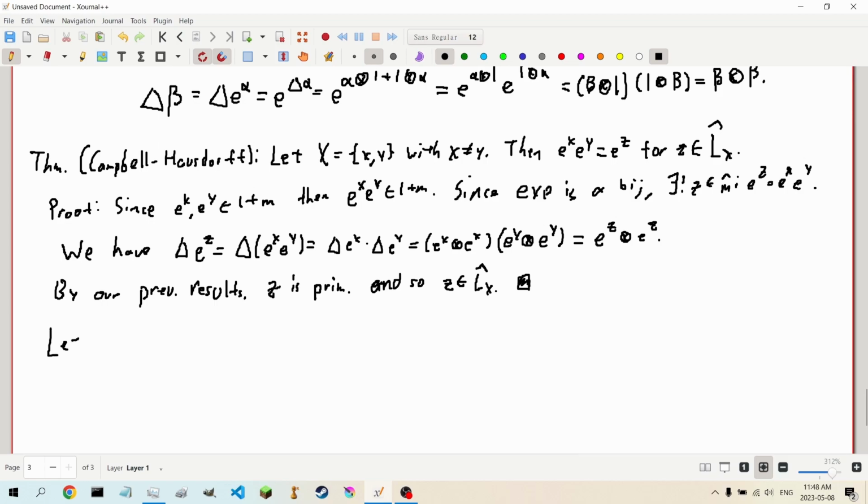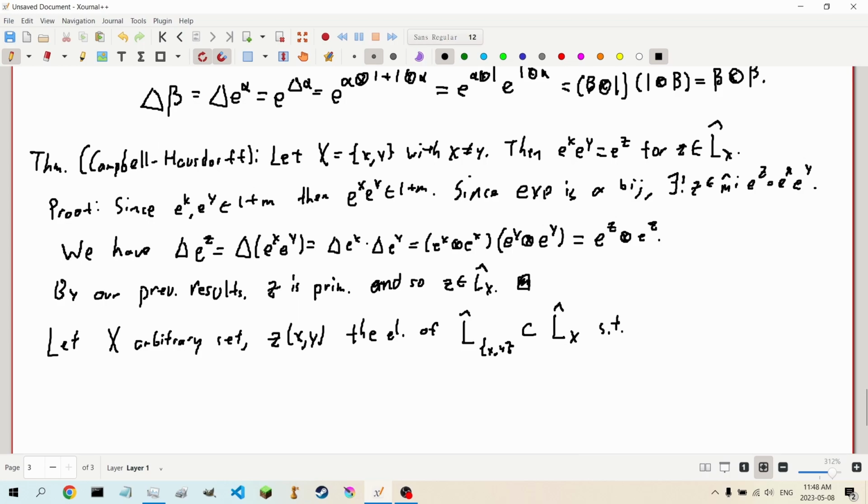So now we're going to let X be an arbitrary set, and z of the commutator of x and y be the element of the free Lie algebra of the elements x and y, which is inside of the completion of the free Lie algebra of x, such that e to the x, e to the y equals e to the z of the commutator of x and y for all x and y in X.